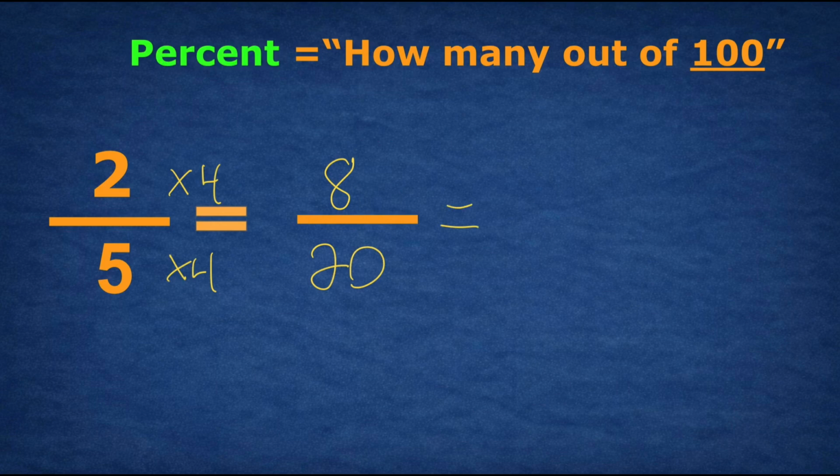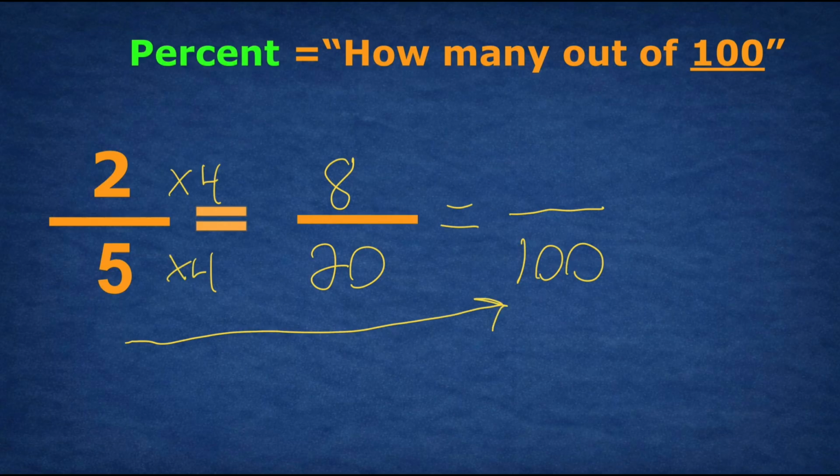So if I wanted to figure out what percent 2/5 and 8/20 was, I would need an equivalent fraction that had a denominator of 100. In order to do that, I need to find which number I can multiply by 5 or by 20 to get to 100. Let's use 5. What number can I multiply by 5 and get 100? Well, I know that 5 times 20 is 100.